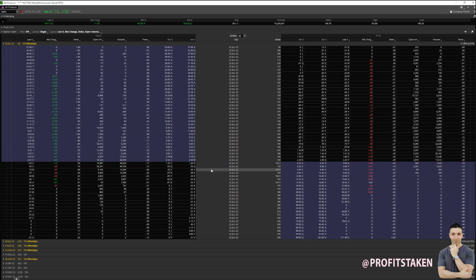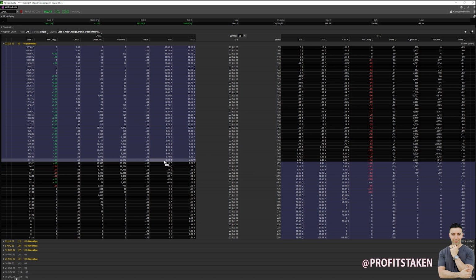But the point is that if this expired, it wouldn't really be worth anything to give yourself the right to buy at 152.50 because that is out of the money, right? The stock's already less than that. So why would you care to have a contract that lets you buy at 152.50 when you could just go to the open market and buy at 150.17? That's out of money, right?